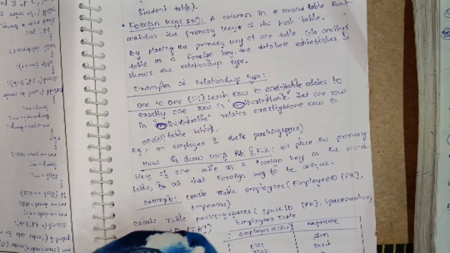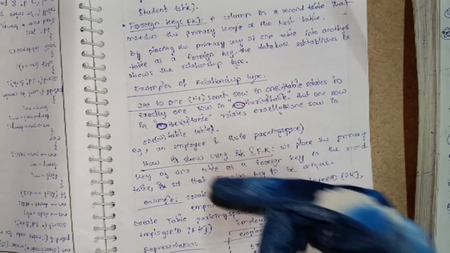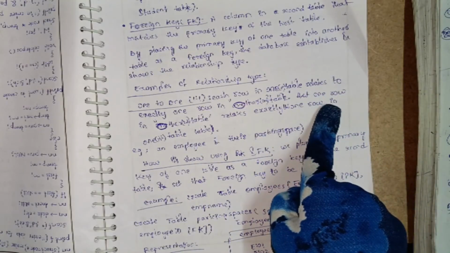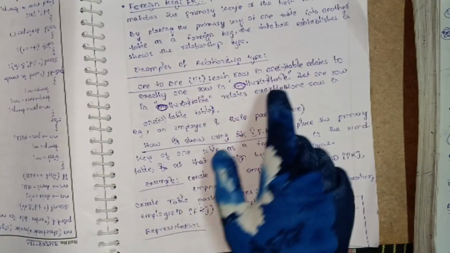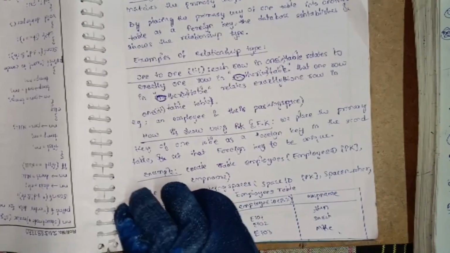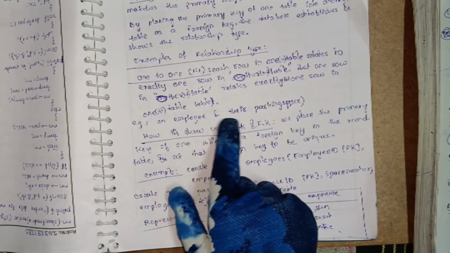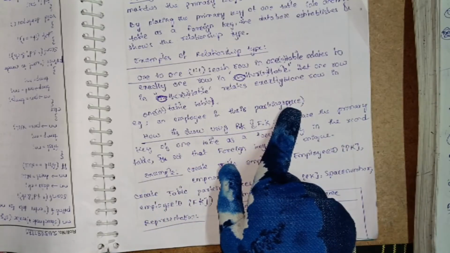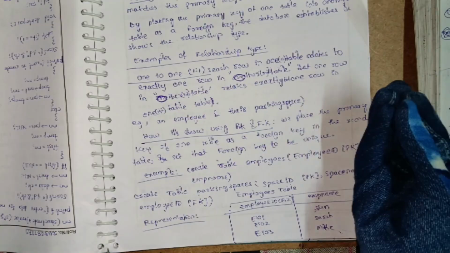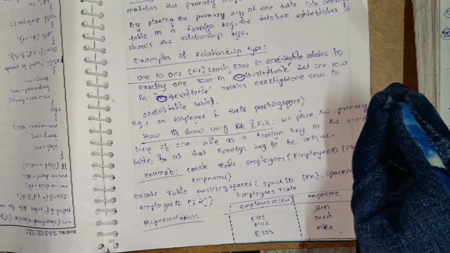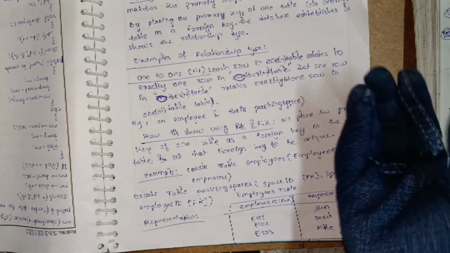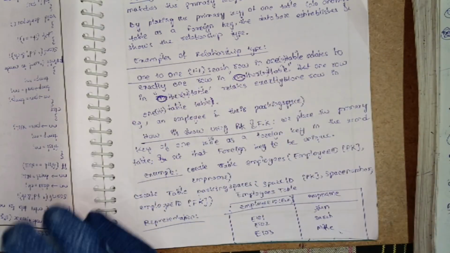We are first defining one point and then converting it into the opposite statement. We can understand this statement using an example: an employee and their parking space. Each employee has a specific parking space, and each parking space is assigned to a particular employee.